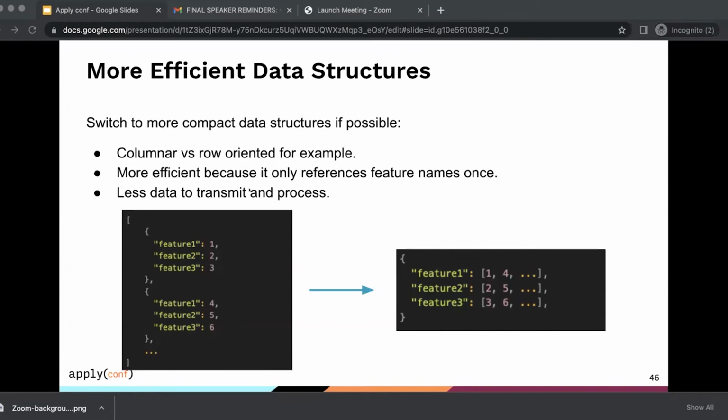In particular use cases, you can go much further than this. This is just columnar versus row, but you might be doing something that you could optimize even further. The key thing that makes this viable is that we were using a container for serving our model, and within that container, we can apply whatever custom logic we want to unmarshal these requests.